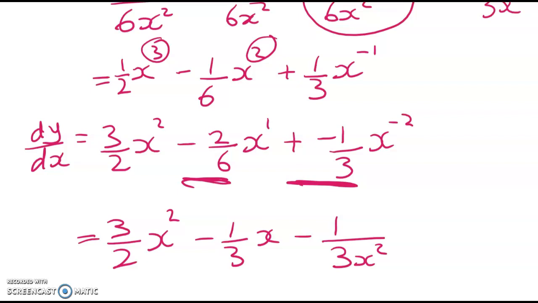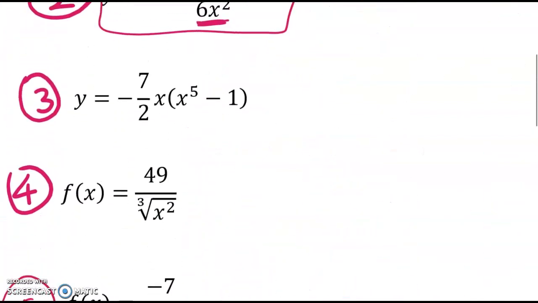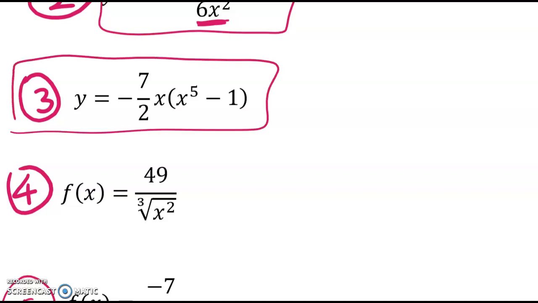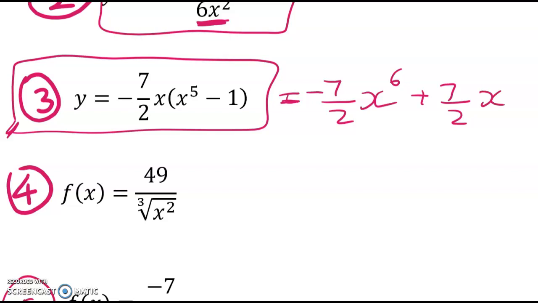Okay, on to number 3. Right, so number 3 is pretty easy. We could do this using the product rule, which A-level people we've learned, but I wouldn't bother. It's much more simple just to expand this out. So when I expand it out, we'll get negative 7 over 2 x to the power of 6 plus 7 over 2 x.